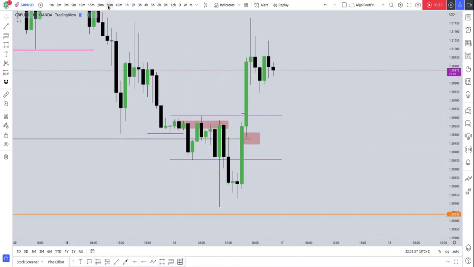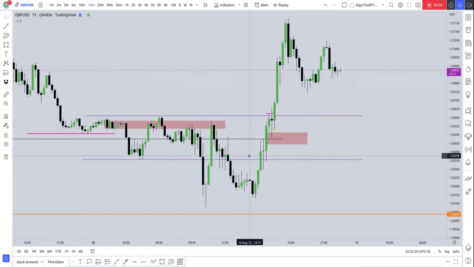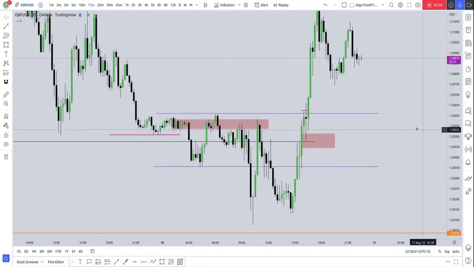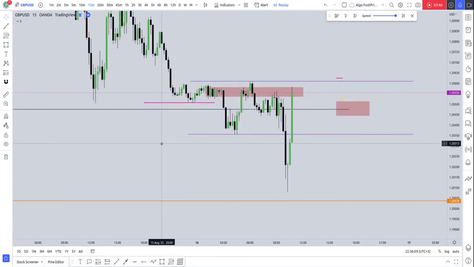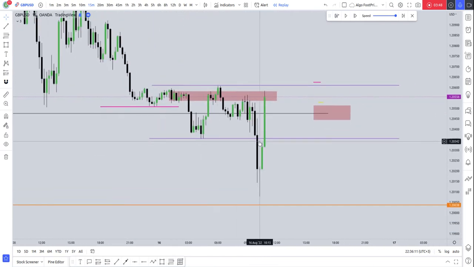Now if we go to M15, let me do a replay. So this was the opening of London session on this candle, this bearish candle.